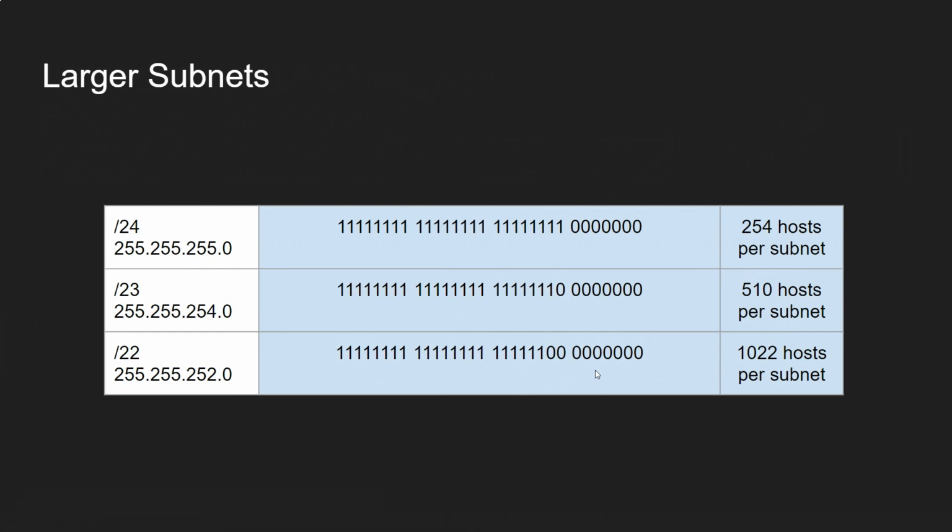Whilst you can theoretically keep going higher and higher, for a standard network it's not really a good idea, because the more hosts you put inside a subnet, the more hosts are broadcasting on that broadcast address, which means the whole subnet gets busier and busier with broadcasts and traffic. If a huge number of hosts all try to broadcast and they're all stuck because no one can receive while waiting for all these broadcasts to sort themselves out, you end up with what's known as a broadcast storm, and the whole network can slow down.